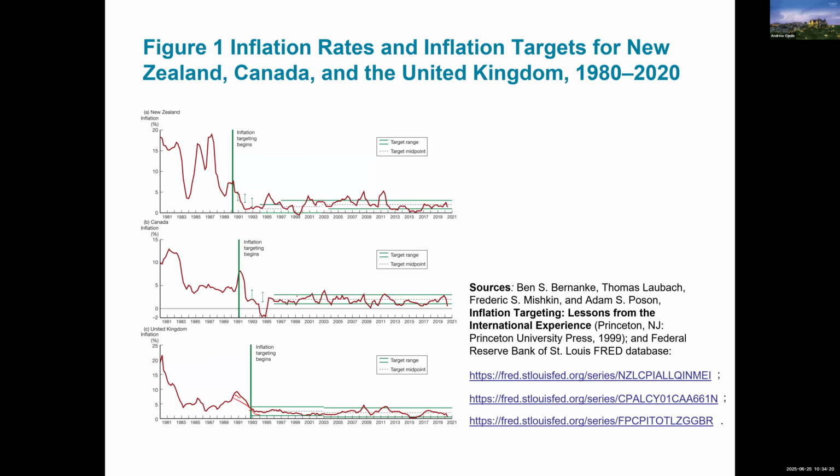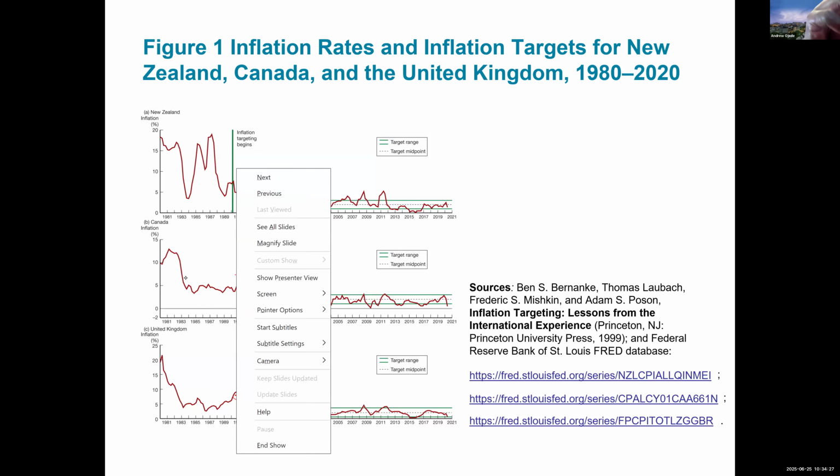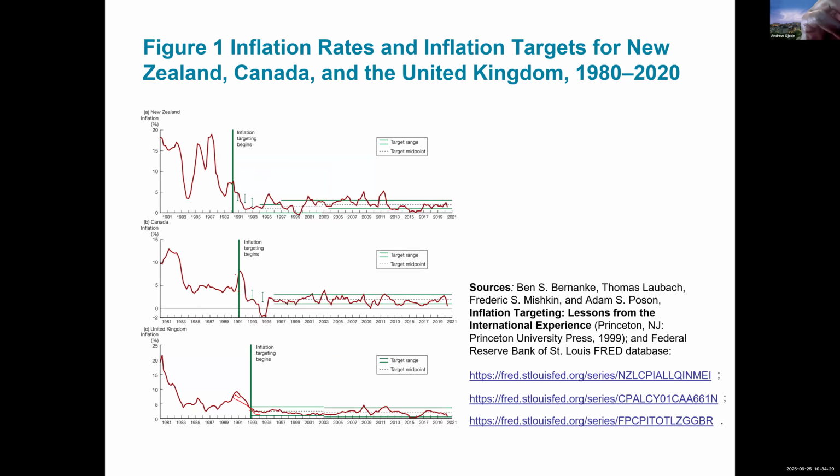Maybe you could argue the case for Canada. They adopted inflation targeting when inflation in Canada was really high, close to 7%, 8%. And then after the adoption of inflation targeting, inflation came down rapidly in Canada. Same thing in New Zealand. Inflation was a little bit elevated, but after adopting inflation targeting, it came down.